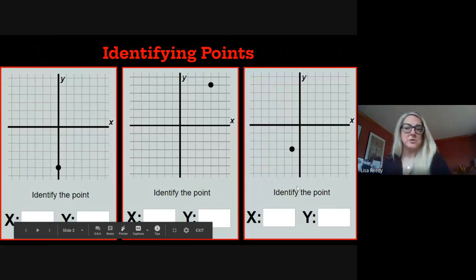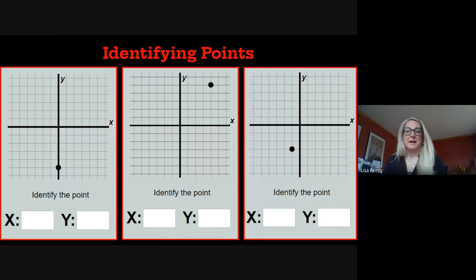All right. The next thing you're going to have to do on your quiz is you're going to have to identify points. Okay, so let's look at this one. This one is on the axis. You guys see that? So since it's on the axis, you know that there's going to be a 0 in one of them. Okay, so again, we start at the origin, and we always talk first about how far it went right or left.